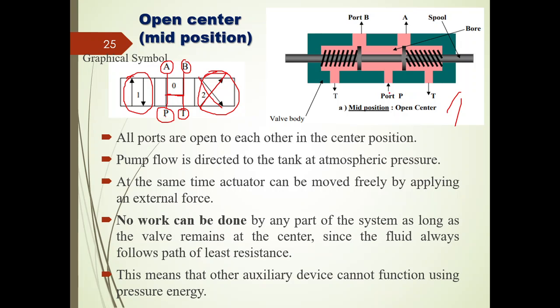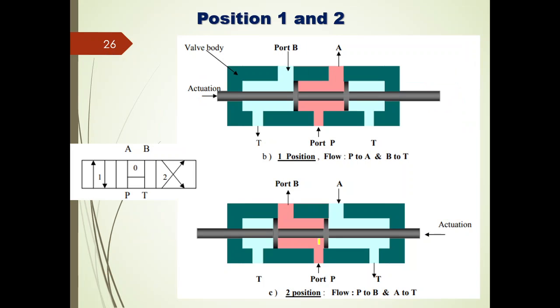So in the central position, you can see in the diagram here, the flow will be taking place either from P to B or from P to A, as well as in this manner and in this manner, right? Whichever is having the least resistance, that path will be taken. So this is in the case of open center, right? This is nothing but the first position.